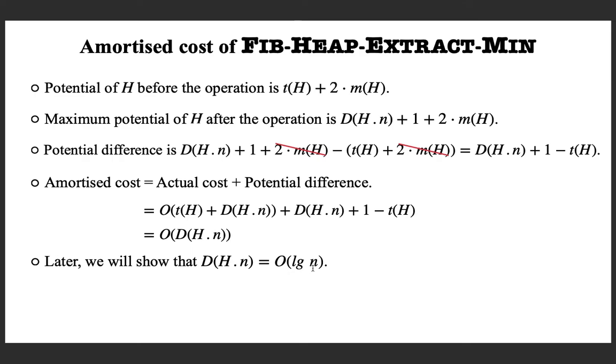The maximum degree of a node in a Fibonacci heap is order of log n. Assuming that this proof is done, we can conclude that the amortized cost of performing the Fibonacci heap extract min operation is log n, where n is the number of nodes in the Fibonacci heap.